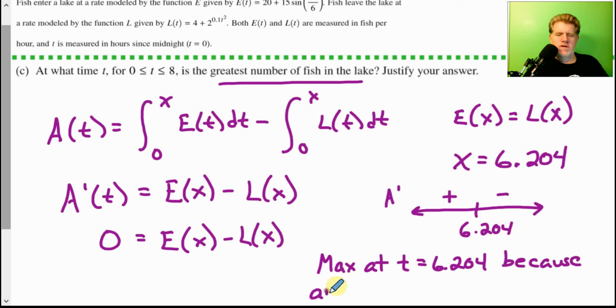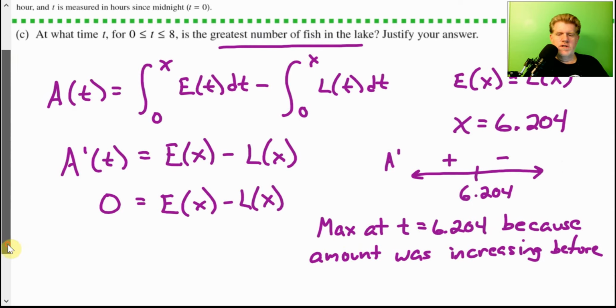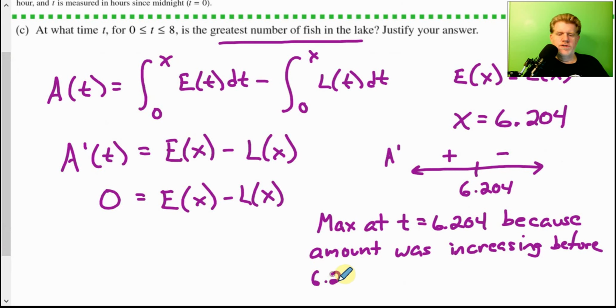Because the amount was increasing before, I'm going to move down a little bit, 6.204, and decreasing after.